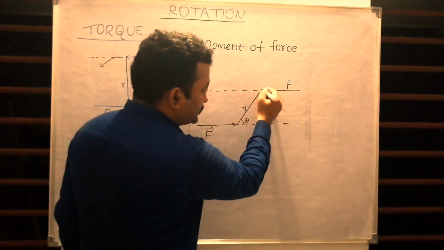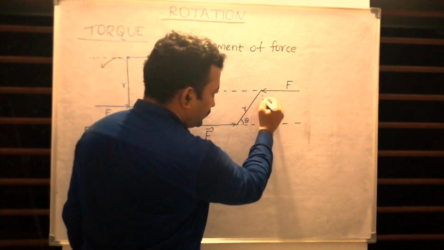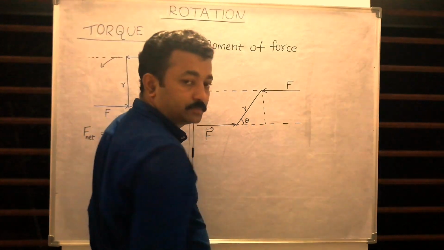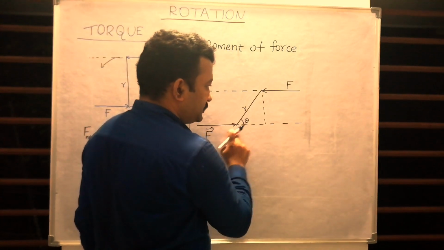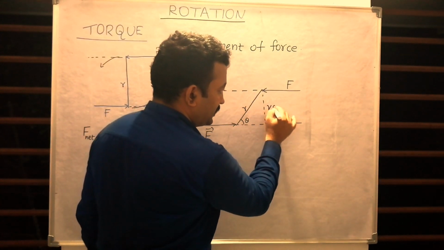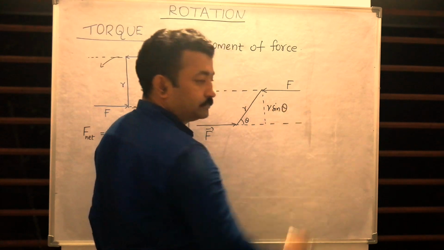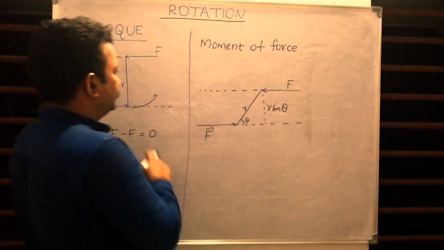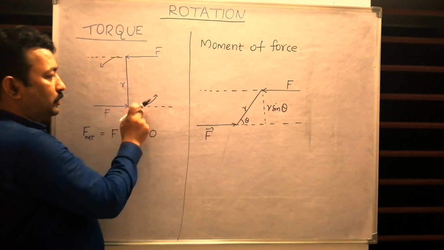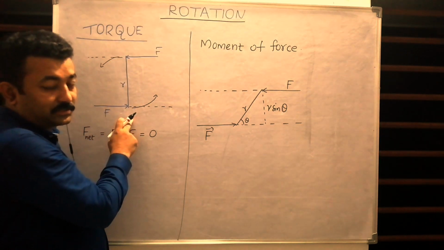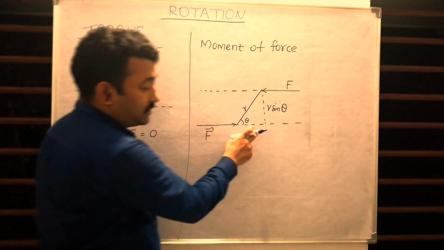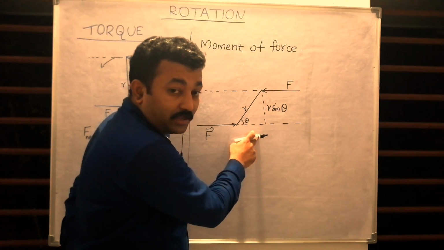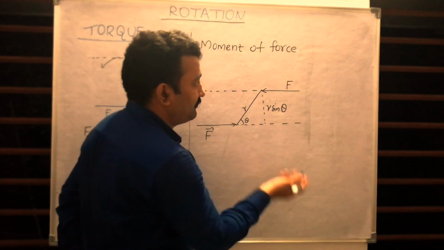What is the perpendicular distance between the two? This is the perpendicular distance between the two forces. If R is the hypotenuse, the opposite side will be R sine theta. In the earlier case it was very simple because both of them were perpendicular, the angle was 90 degrees. Here this is an arbitrary, general case with a theta value.